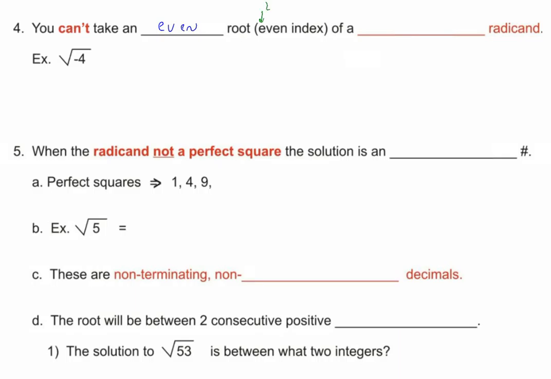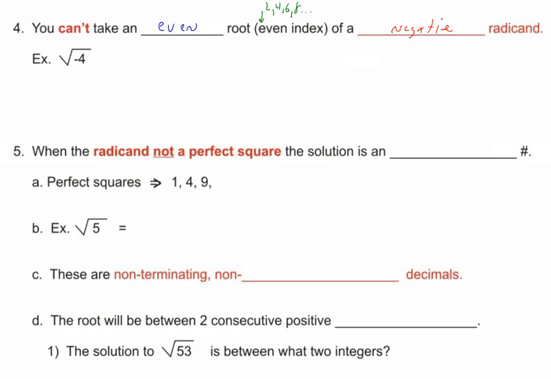Yes. 2 is even, right? A 4 index, a 6 index, an 8 index. You can't take an even root of a negative radicand. Let me finish and then I'll explain it more in detail.